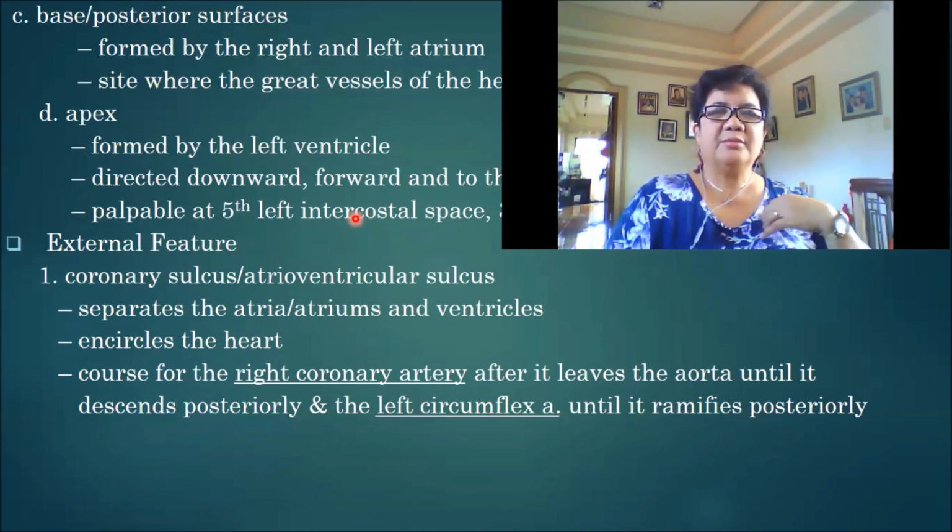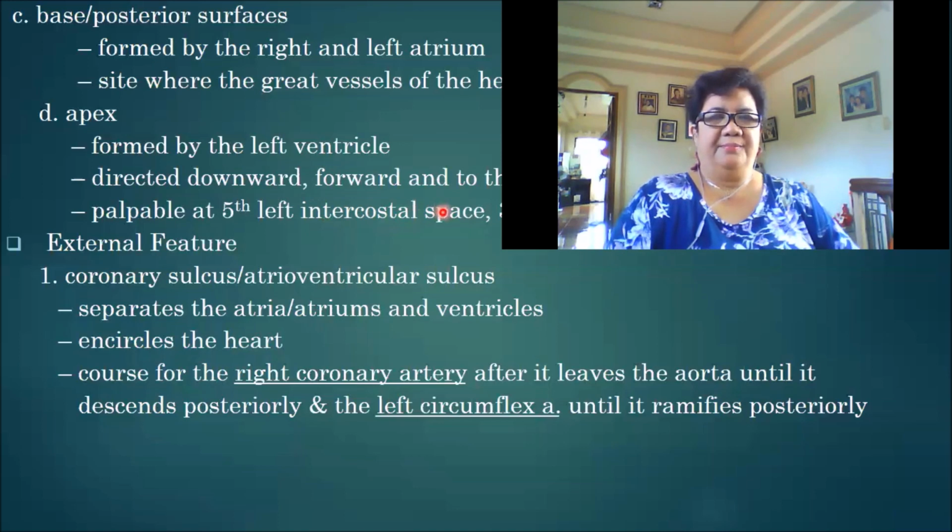The bone that you will palpate next in line with your sternal angle of Louis, that is your second rib. Remember? Then below that bone, that will be your second intercostal space. So going down, you will have the fifth left intercostal space.